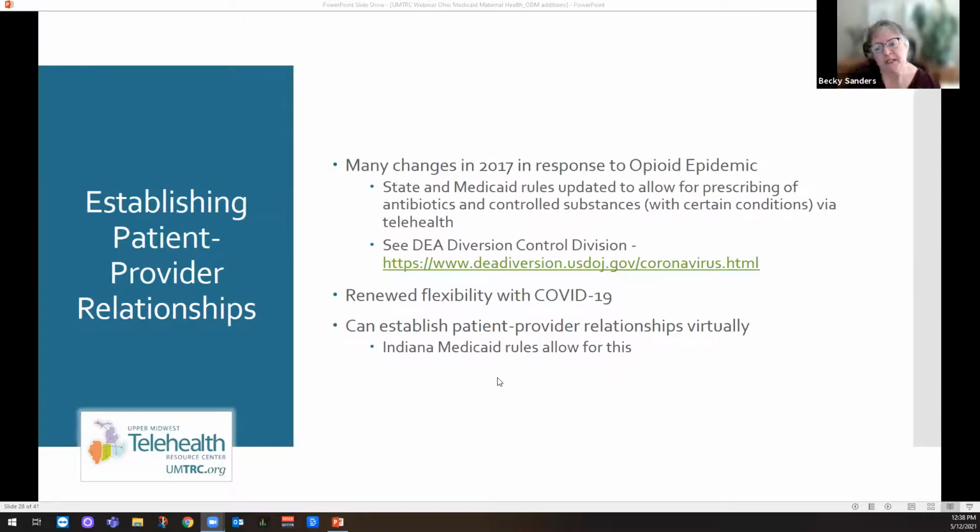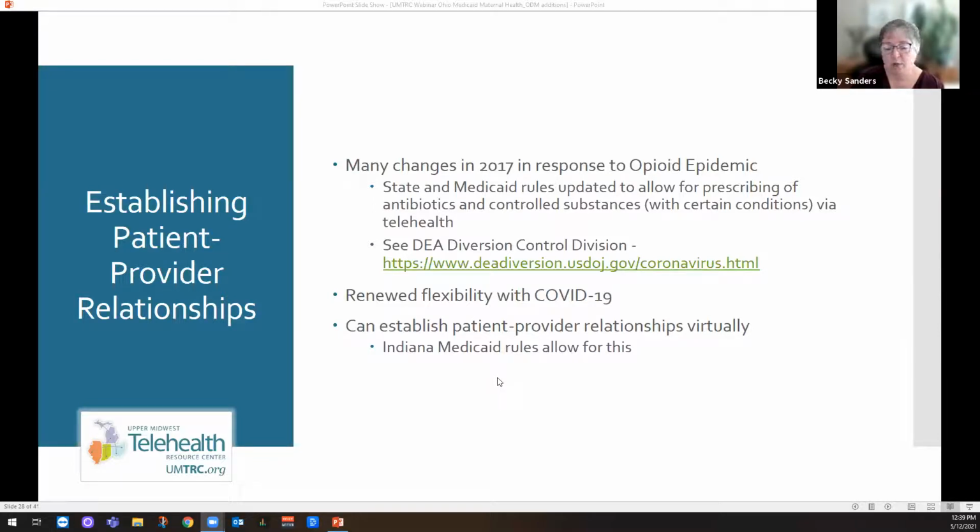So when it comes to establishing those patient-provider relationships, Ohio is one of the states that made changes for how to establish that relationship virtually, and also allowing prescriptions for controlled substances to be provided. I don't imagine that you would do this very often with a prenatal or a postnatal female, but just so you're aware, right now during the public health emergency, you can meet the patient on video conferencing and establish that patient visit according to the laws in your state.